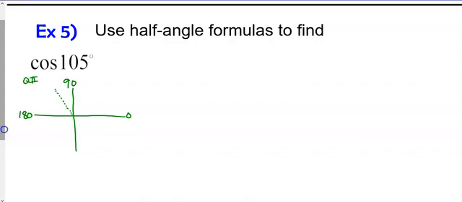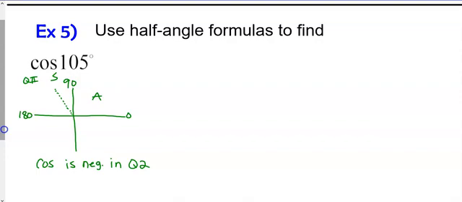And remember, in quadrant 2, only sine is positive. All students take calculus. So cosine is negative in quadrant 2. That's going to be helpful when we set up our big old square root.